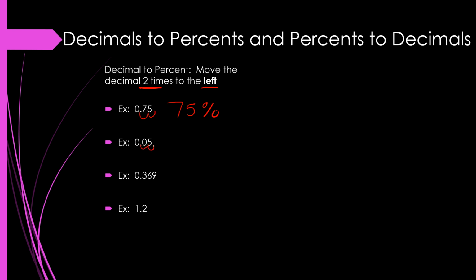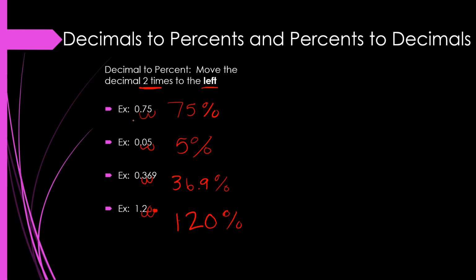Move it 2 times, so this would be 5%. This would be 36.9%. Now if you notice here, my decimal's here, but I have an empty spot here. So I'm going to put a 0 for a placeholder, which means this last one is actually 120%.